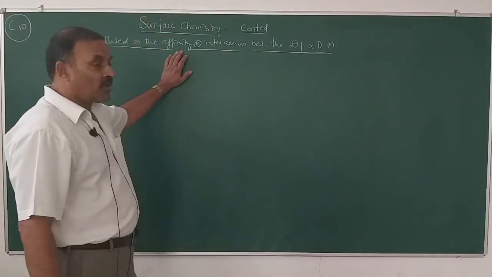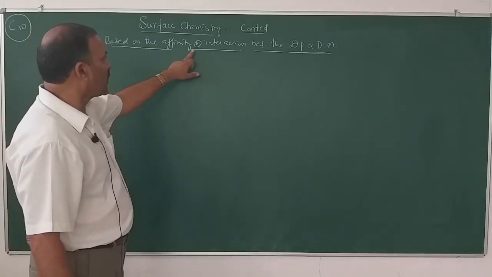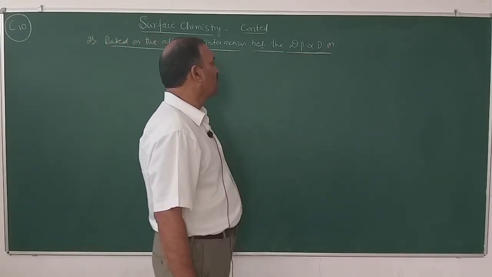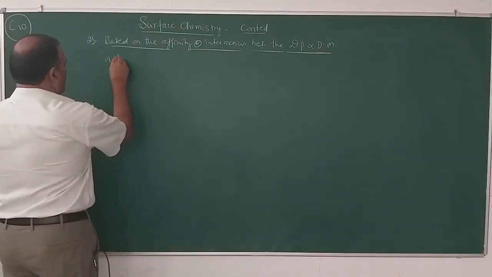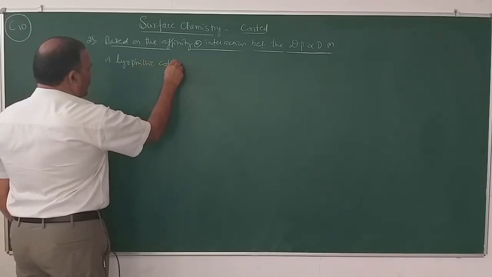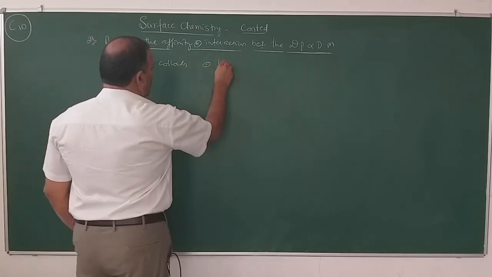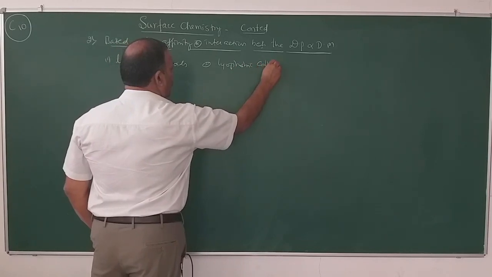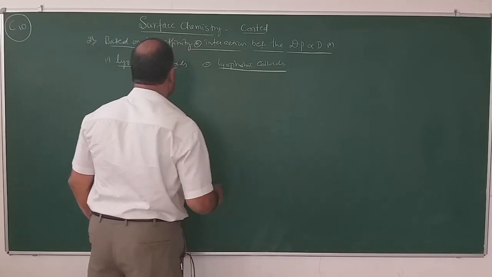So second type of classification of colloids is based on the affinity or interaction between the dispersed phase and dispersion medium. The colloids are classified into 2 types. Number 1, lyophilic colloids, and number 2, lyophobic colloids.